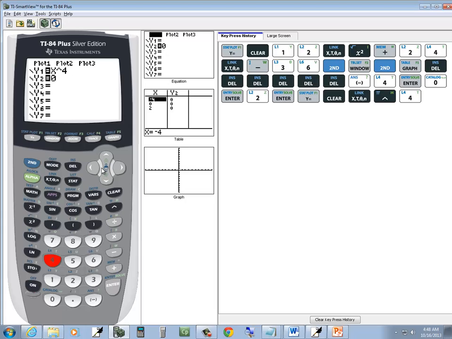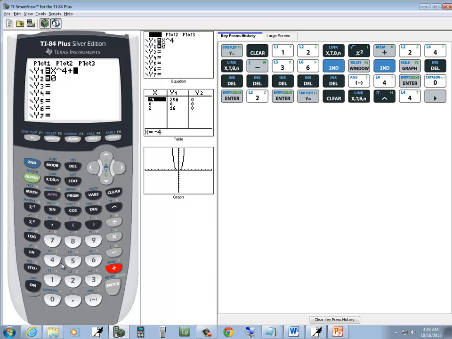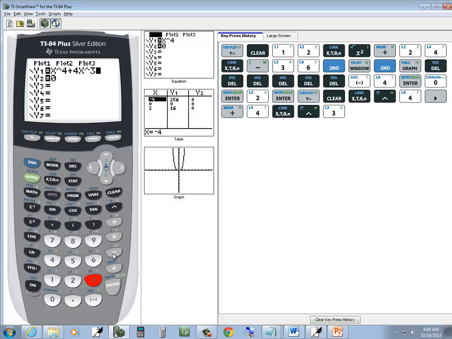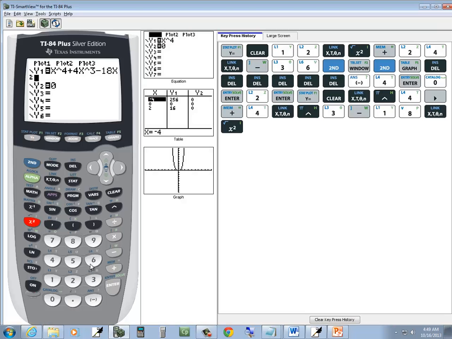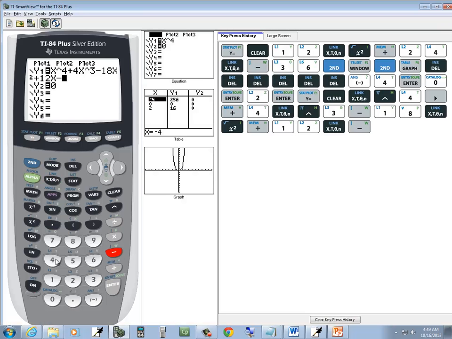Remember, if you have one of the newer TI-84s, you have to press your right arrow key to get out of exponent mode. Plus 4x to the third. Press your right arrow key again to get out of exponent mode. Minus 18x squared. Plus 12x. Minus 48.